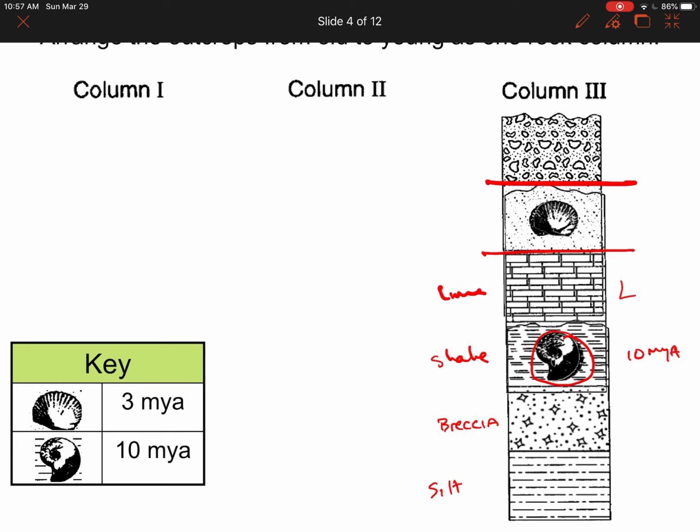You had your limestone, you had your sandstone, and then you had this fossil, which is 3 million years ago, and then you had your conglomerate. There is a lab that we would have to do this, but it involves cutting and pasting, so I don't think we're going to be able to do it this year.